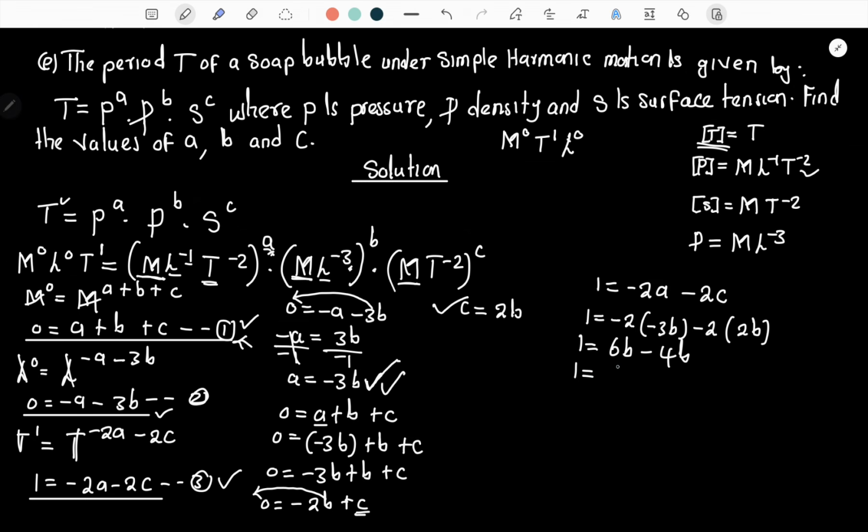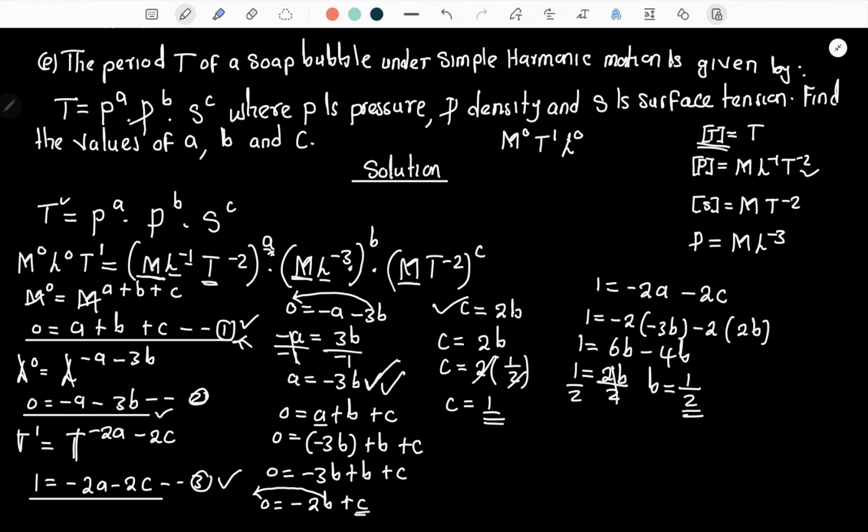So we're going to have 6B minus 4B, which is 2B, over 2 over 2. Then, of course, our B is going to equal 1 over 2. Now, B is 1 over 2, so we can find the C. So C was equal to 2B. So C is going to equal 2, open bracket, 1 over 2. You cancel out this and that, it's going to be 1.